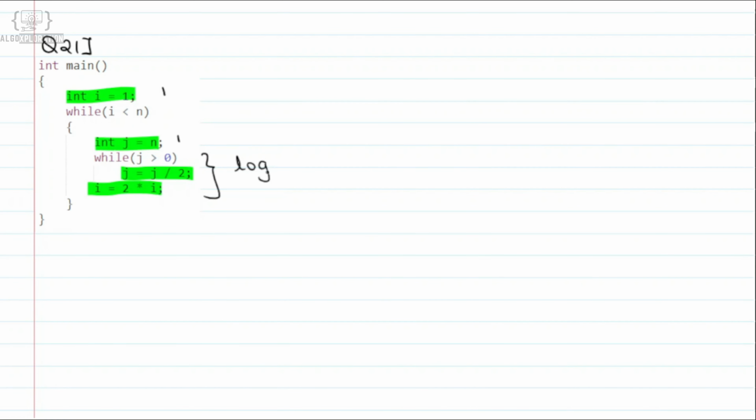We have seen why the answer is log n times. Now this statement will be running for log n times only, because this statement is not dependent on this, and it is multiplying I by 2. Therefore this statement will be running for log n times.